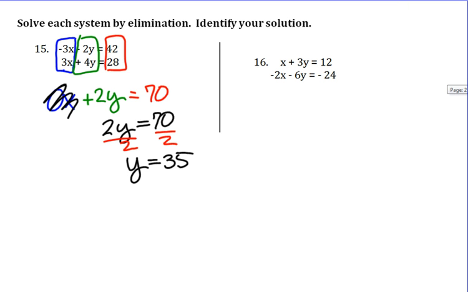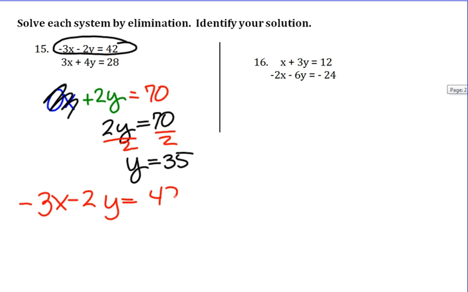Knowing that, let's look and say, well, we know what y is. If we look at our original equations, I'm going to get rid of all the extra stuff I had here. In my original equation, I can pick either one. So I'm going to pick this first one and say, well, I know here that negative 3x minus 2y equals 42.